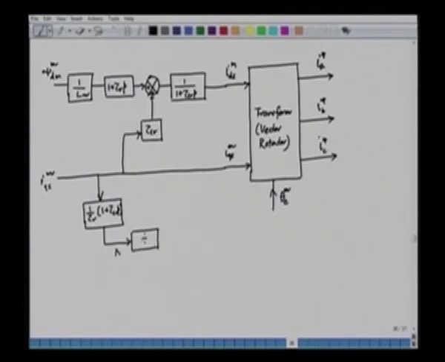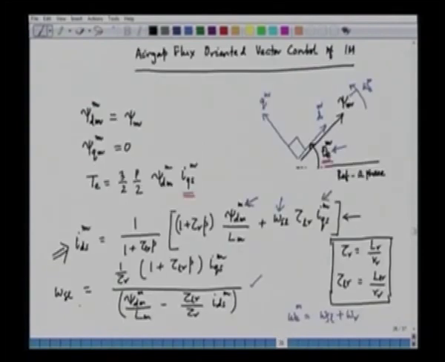This becomes the numerator, and we have the denominator which is calculated as follows. Now what we are trying to do, we are trying to find out the slip speed by this equation. This equation will give us the expression for the slip speed. So when we want slip speed, the slip speed can be used in the first equation. If this is our equation number 1 and this is equation number 2, the first equation, to find out IDSM, we need slip speed. So we have to evaluate slip speed.